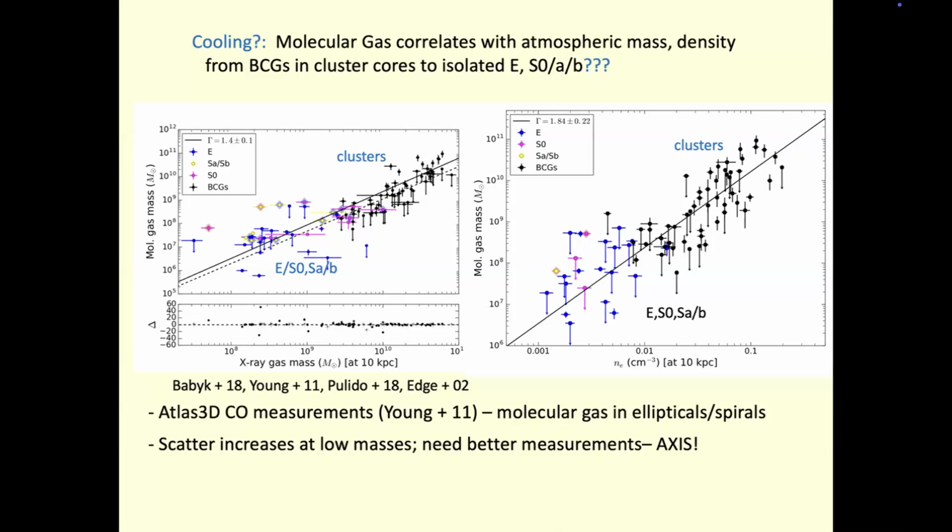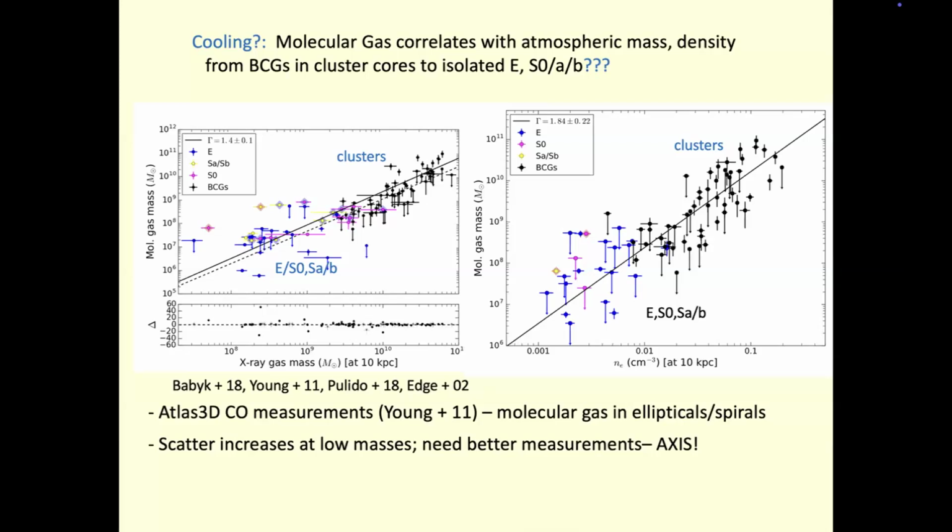And so we wanted to understand whether similar correlations that we've seen in clusters between molecular gas mass and, for example, central gas density, central cooling time, and so on. There are any number of parameters that we've looked at.